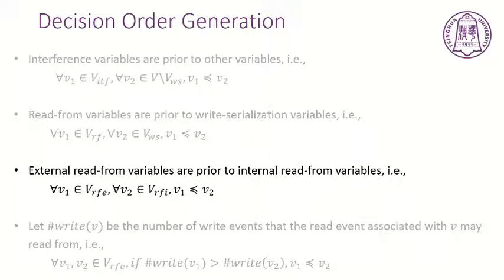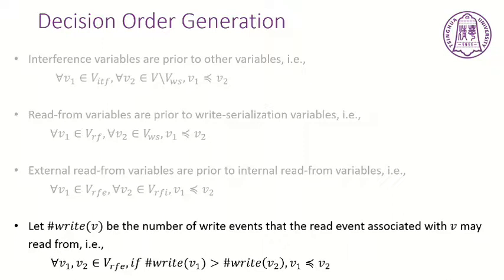So the reason why multi-threaded programs are error-prone is thread interference. Therefore, we suggest giving higher priority to external read-from variables than internal read-from variables.